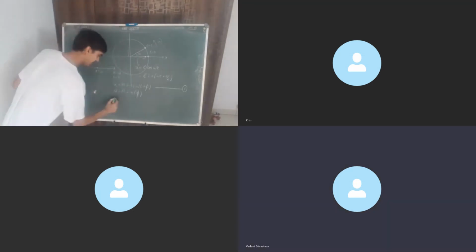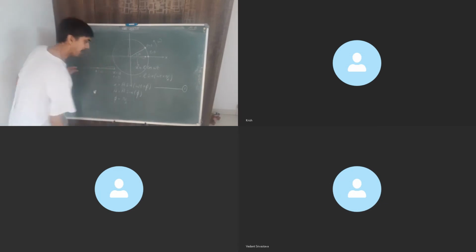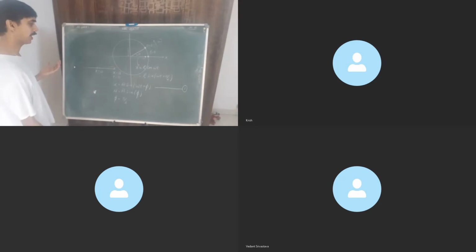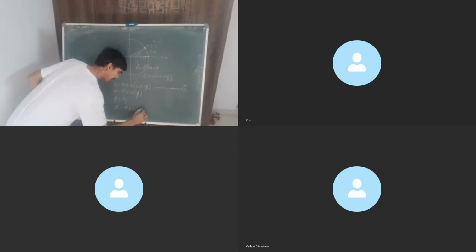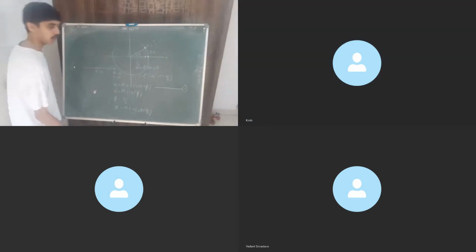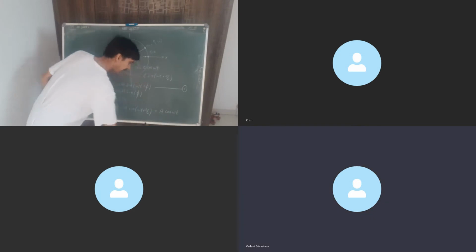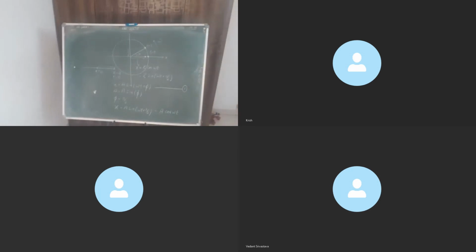And phi is then to take a value, one of the many values, pi by 2, correct? So x is equal to a sine of the angle omega t plus pi by 2, which can be simplified to a cos of the angle omega t.